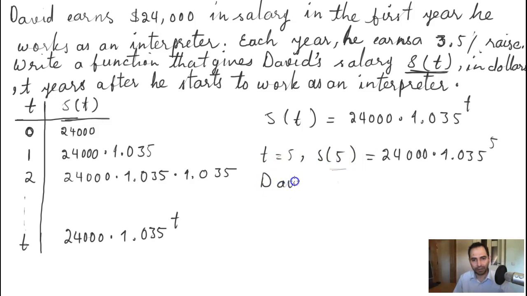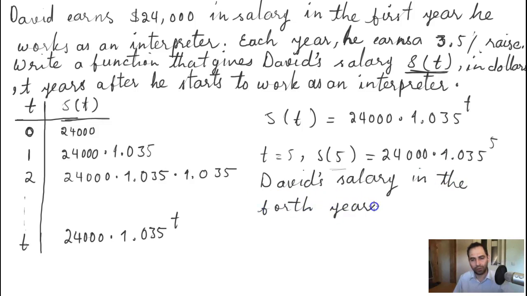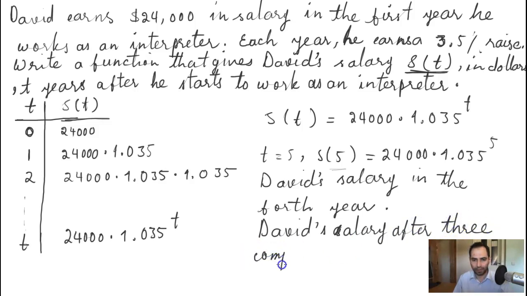So this is David's salary, or another way to say that is David's salary after 3 complete years have passed. Because when t is equal to 0, you are in the first year.